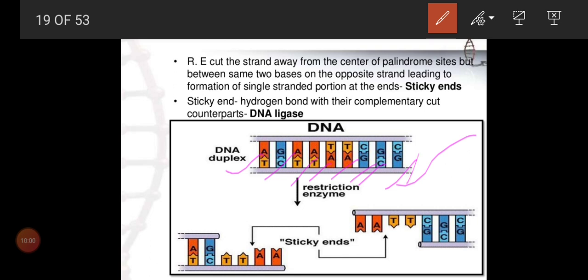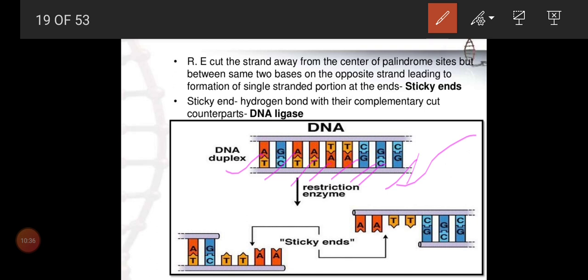how the restriction endonuclease will work, we want to see. Normally we have nearly 900 restriction enzymes, and each restriction enzyme has a specific recognition site. For example, a restriction endonuclease will recognize 6 base pairs, only 6 base pair nucleotides it will recognize, and it will work on that.